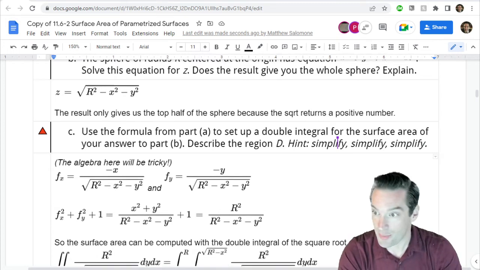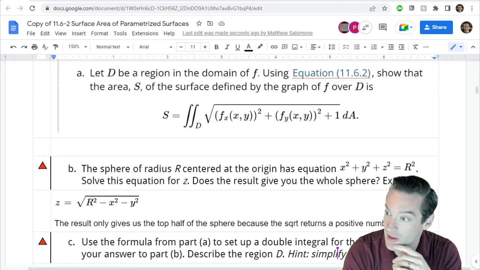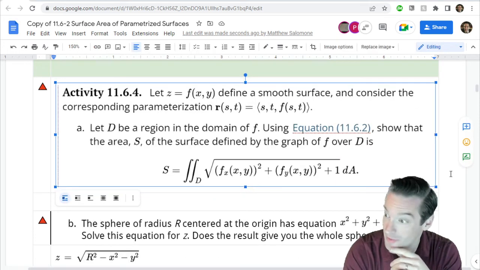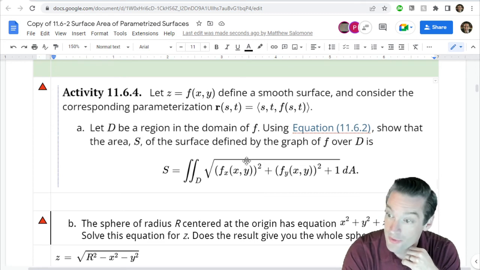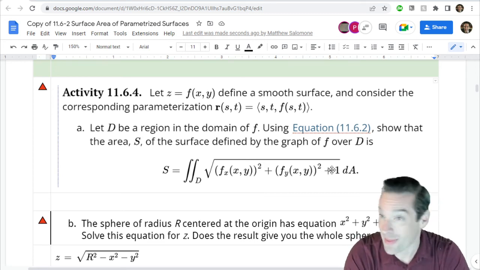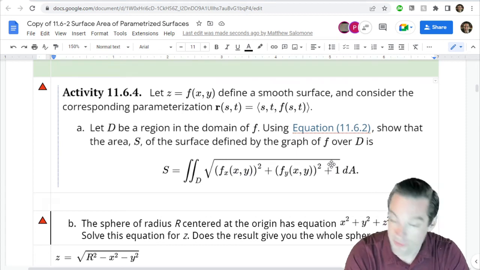And so if we apply our surface area of a graph formula from up here, we need to take the square root of the sum of the squares of the partial derivatives of our function plus 1, and then try to integrate that where x and y range over the appropriate ranges.